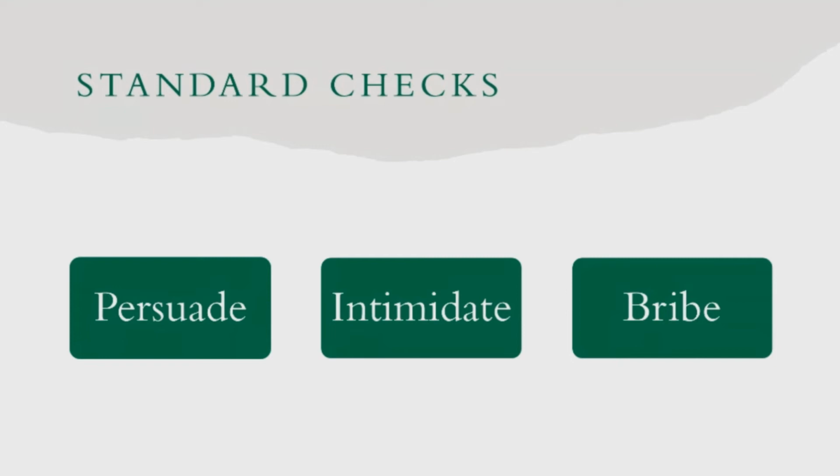Standard checks always appear, regardless of whether or not you're going to be able to pass the intimidate check. It will appear in dialogue as an option. So it's not hidden. It's just there tempting you. And that's fine, but it's not fascinating.